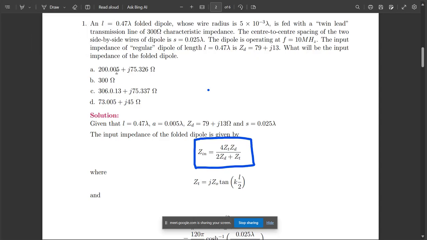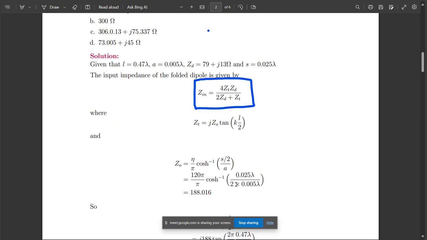Okay, so here ZIN is the input impedance of the folded dipole, and that is what is asked. So first you have to find out ZT, the impedance of the transmission line. That will be jZ naught tan(KL/2). Z naught here is 120 pi by pi cosh inverse of S by 2A, where 120 pi is the free space impedance.